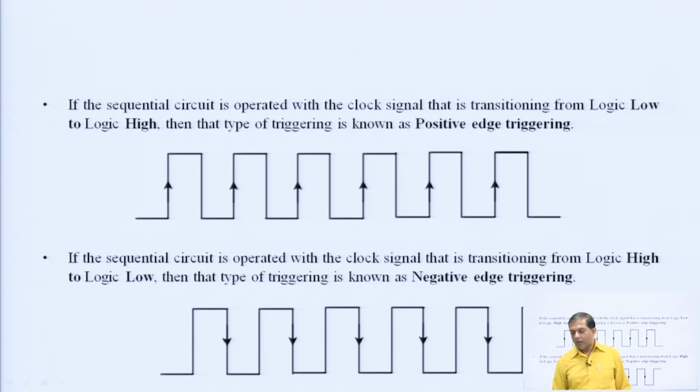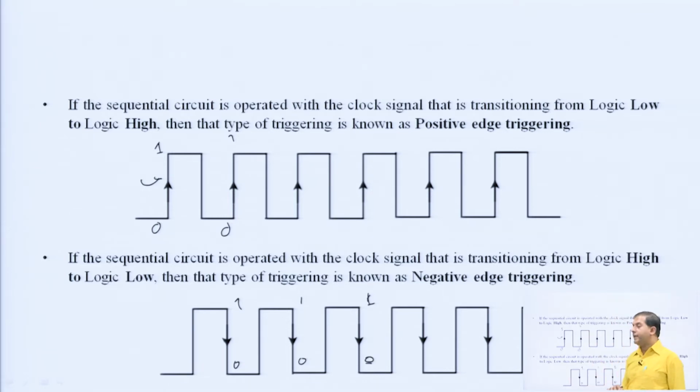Okay. Next, this is the rising edge, going from 0 to 1, the transition is from 0 to 1, and this is from 1 to 0, the falling edge. So we are classifying two things, one is positive edge triggering and the second one is negative.